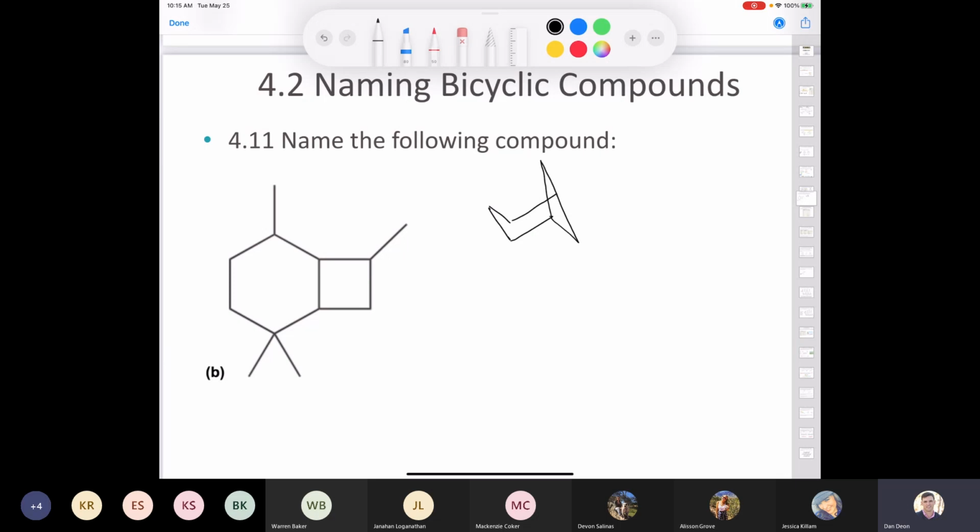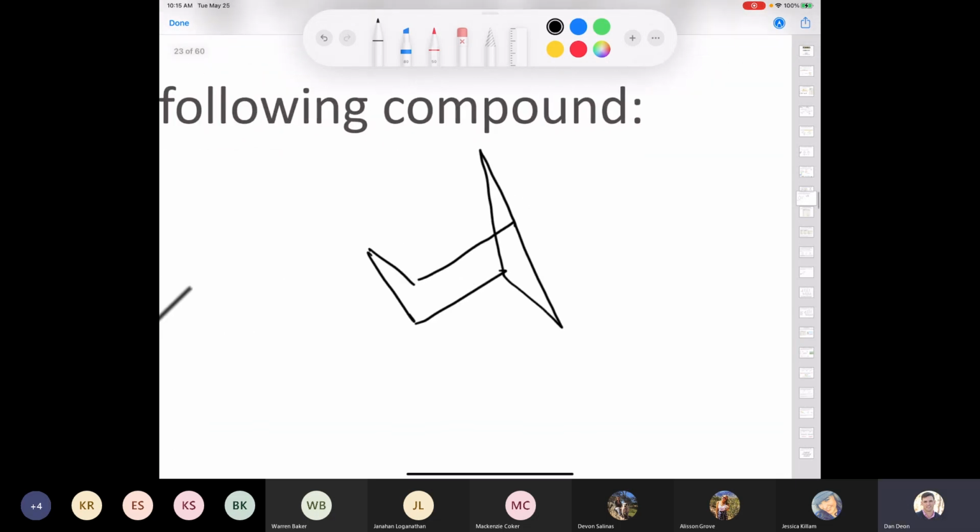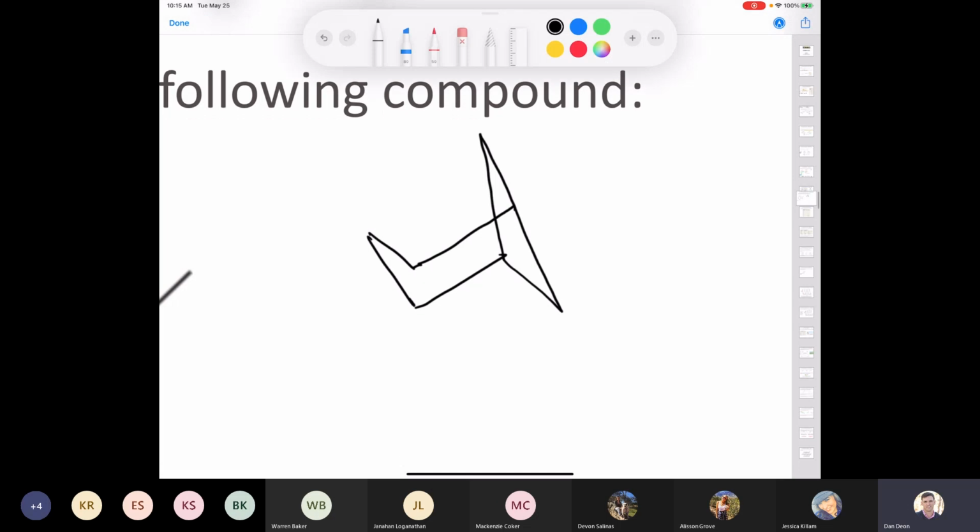It's not very big the way I drew it, but how many total carbons are in this structure? Yeah, there's 7 carbons.